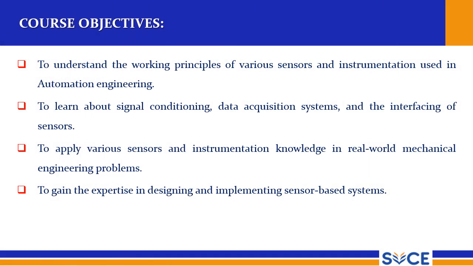Objectives of this subject, there are four core objectives: to understand the working principles of various sensors and instrumentation used in automation engineering, to learn about signal conditioning, data acquisition systems, and interfacing of sensors, to apply various sensors and instrumentation knowledge in real-world mechanical engineering problems, to gain the expertise in designing and implementing sensor-based systems.